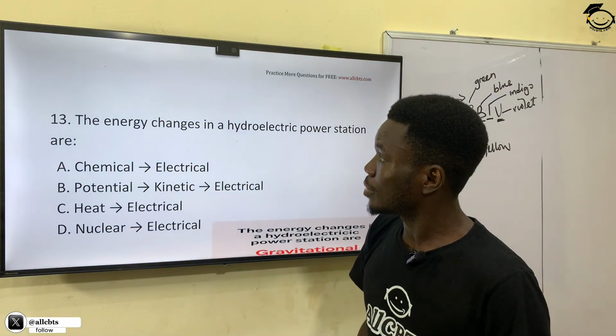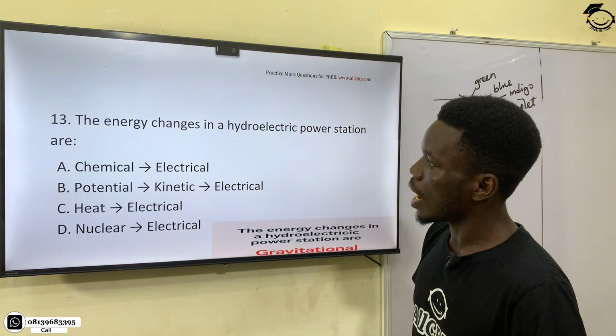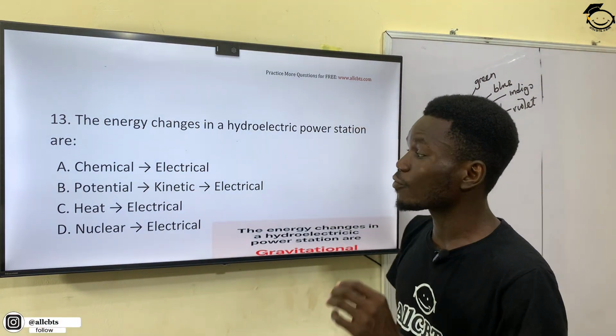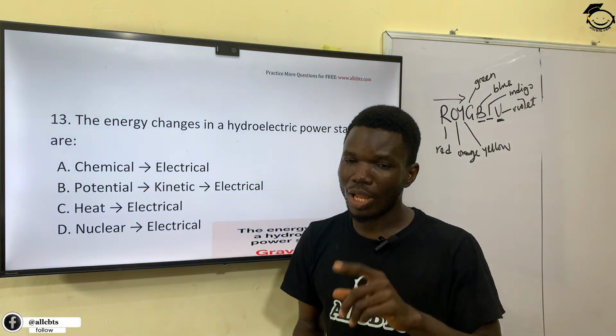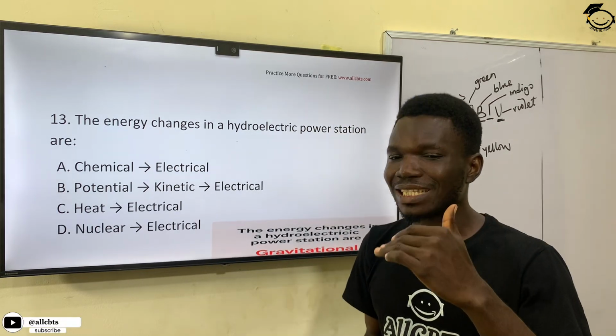So that takes us to question number 13, which says the energy changes in a hydroelectric power station are. In a hydroelectric power station, the energy changes are from potential energy to kinetic energy and then to electrical energy. Why is it like that? The water falls from a height.